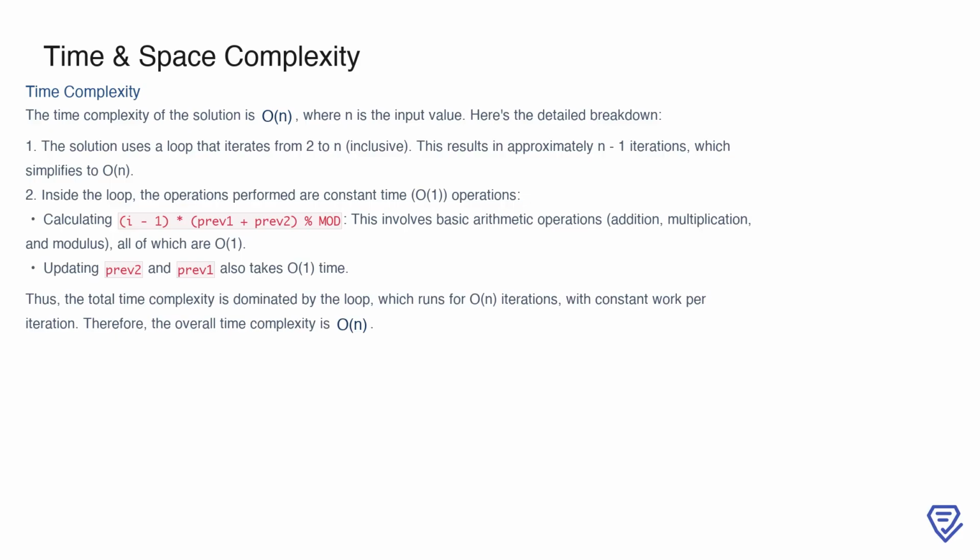For example, the computation of (i minus 1) asterisk (previous 1 plus previous 2) % mod involves basic arithmetic operations like addition, multiplication, and modulus, each of which takes constant time. Updating the variables previous 2 and previous 1 also happens in O(1) time. Since the loop dominates the runtime and performs constant work in each of its O(n) iterations, the overall time complexity is determined to be O(n).